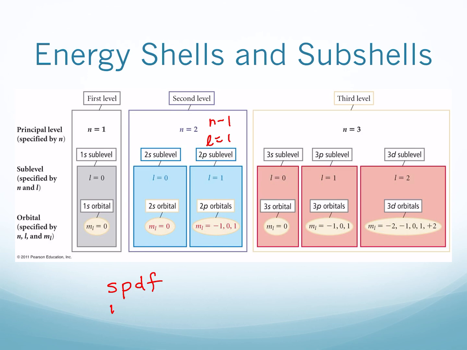So we have a 2s, and we will also have 3 2p's. So it'll go from negative 1 to positive 1: negative 1, 0, 1, which is great because p's should have 3 orbitals. And so on and so forth. d's will have 5, f's will have 7. Okay, so this is just a good summary and example slide.